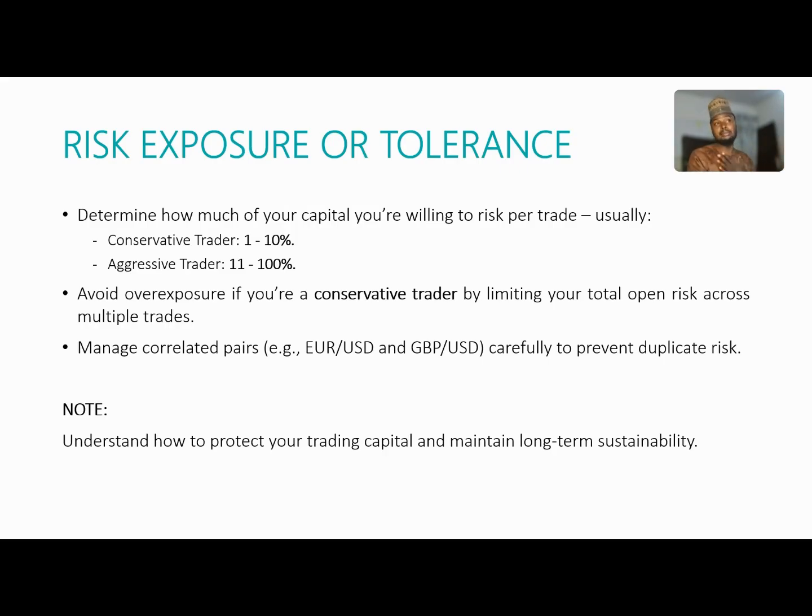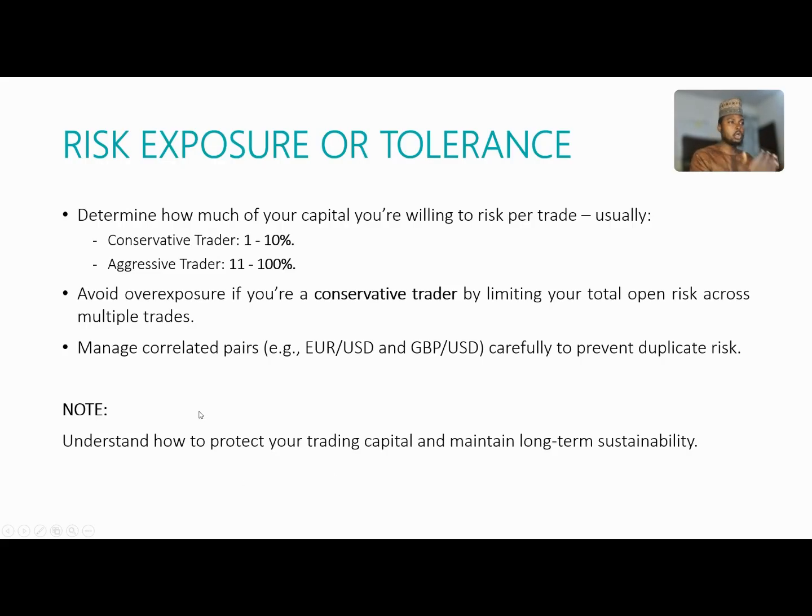For example, I'm a conservative trader, so I risk 1% on my funded account. But on my live account, my real money, I risk 10%. For example, if I put $100, I will risk $10 to trade. If I put $1,000, I divide it by 10, so I will risk $100 per trade.